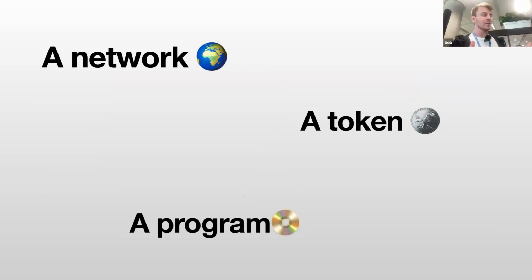And ICP, Internet Computer Protocol, is also a program, a piece of code that a computer can install and run. So those are three intertwined concepts. Of course, if you don't have the program, you don't have the network. If you don't have the token, you don't have the network. All those concepts are related, but they are not exactly the same.